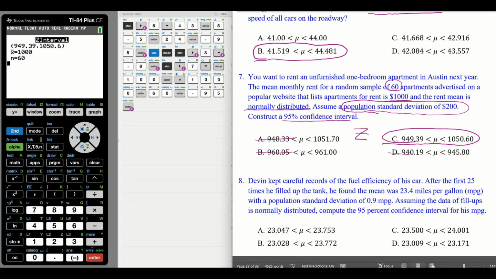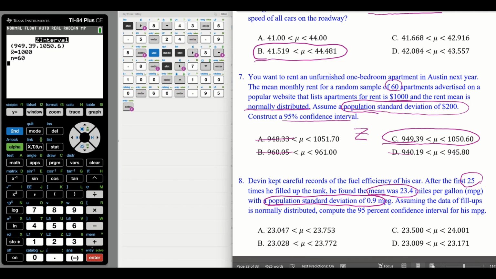Number 8. Devin kept careful records of the fuel efficiency of his car. After the first 25 times he filled up the tank, he found the mean was 23.4 miles per gallon with a population standard deviation of 0.9.